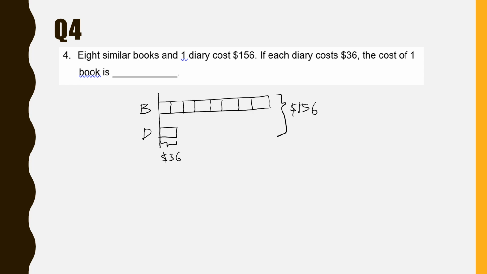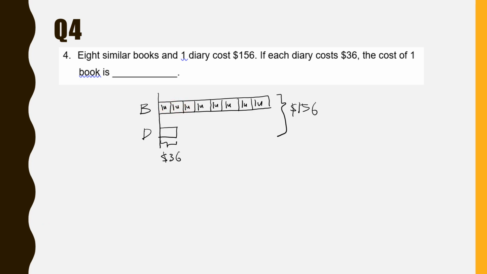So usually what I like to do is label each unit for the books as 1U, or 1 unit. You can also label it as 1B, B for books, but you do not label this as 1U. And make sure that this bar is not the same length as all these individual units. If not, you confuse yourself.